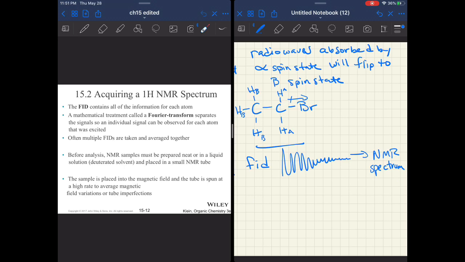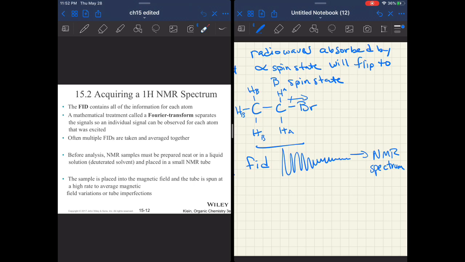We often have to take multiple scans and then have them averaged together to get signals to come above the noise. Now with proton NMR, you may not need very many scans. Something like carbon NMR, where you're having to focus on carbon-13, which is only 1% abundant, you may have to take many scans.